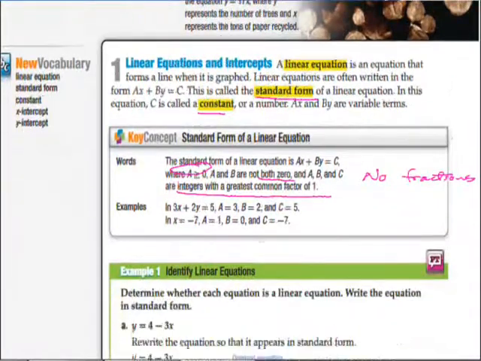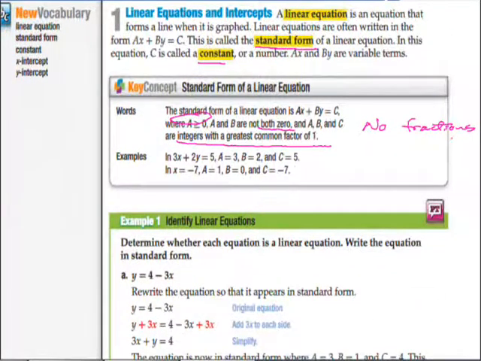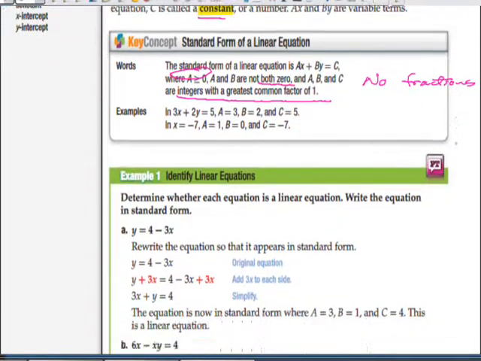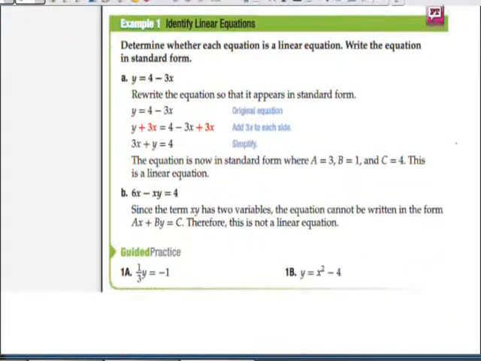We have an equation y equals 4 minus 3x, so y minus 4 equals 3x. We want to rewrite the original equation to see if we can get it into standard form. If we can get it to look like ax plus by equals c, then that equation is going to make a line.